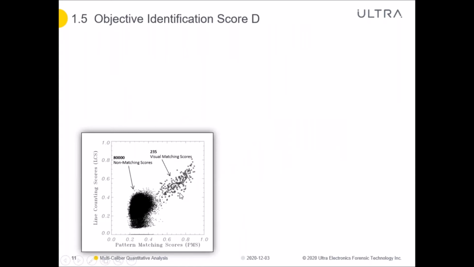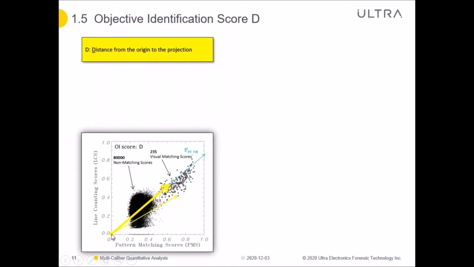So what is officially my objective identification score? We have our two distributions right here, visual matching scores and non-matching scores, and intuitively, it should be somewhere right in the middle. But more systematically, what we're doing is looking at the direction of the visual matching scores, and we project all those individual points on that axis. The objective identification score is the length of that yellow vector that represents the projection.